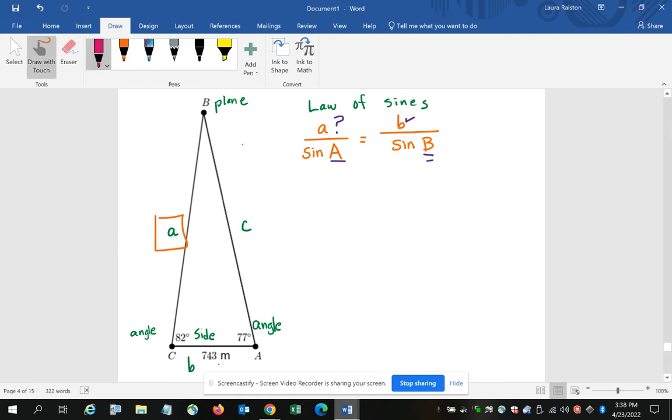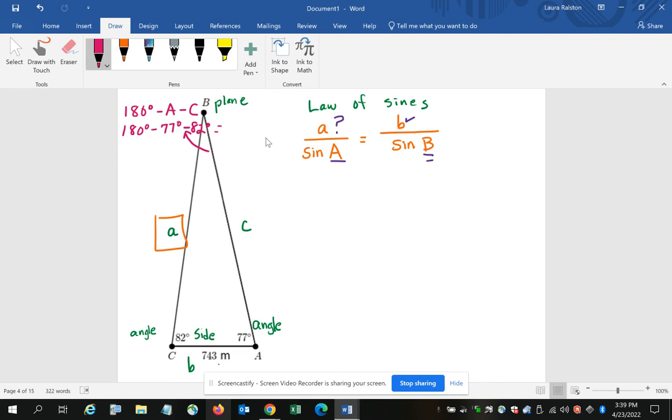We know that a triangle has 180 degrees. And so I know that angle B is going to be that 180 degrees total minus angle A minus angle C. So that's 180 degrees minus 77 degrees minus 82 degrees. I'm going to use my calculator.